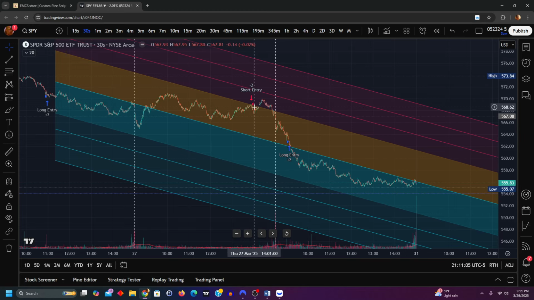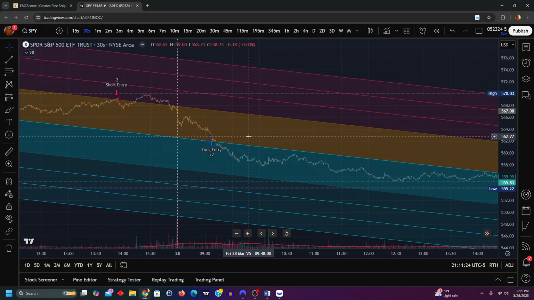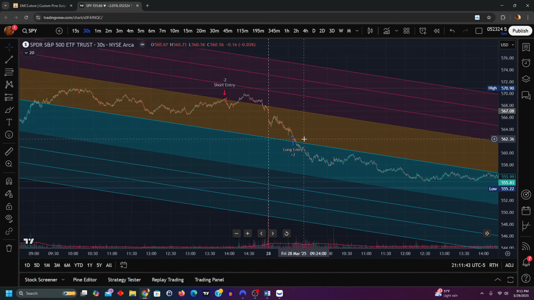And then went short. So on the spot, it went short at, let's call it 569, and exited the short at 563. It's a little less than that, but that's about a $6 move.